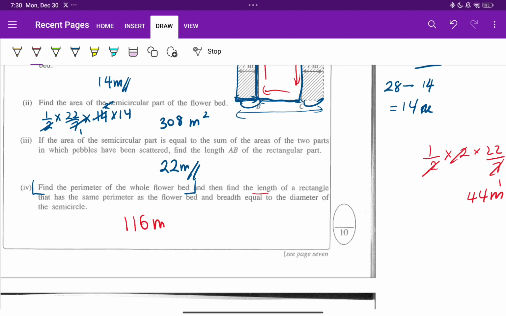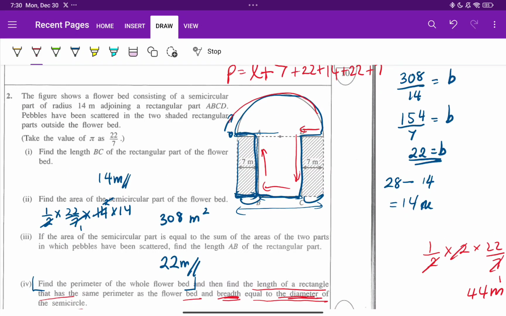And then find the length of a rectangle that has the same perimeter as the flower bed and breadth equal to the diameter of the semicircle. So if you take a rectangle, the perimeter would be 2 times length plus 2 times breadth. They say the perimeter should be 116, that of the flower bed, and the breadth should be equal to the diameter of the semicircle.